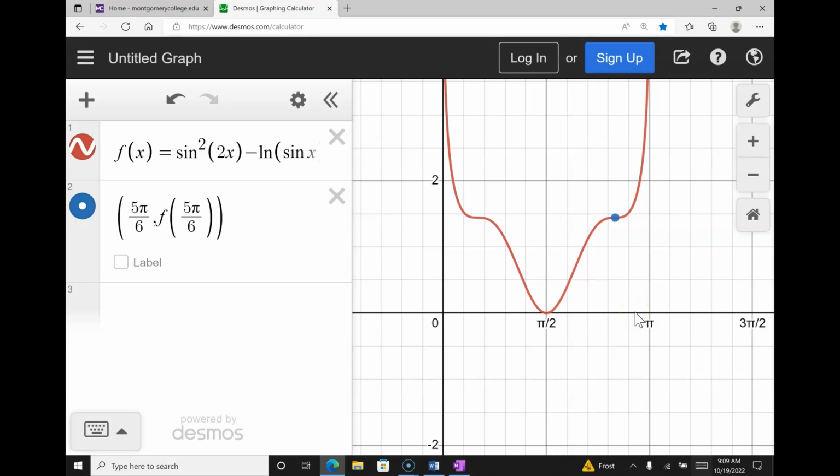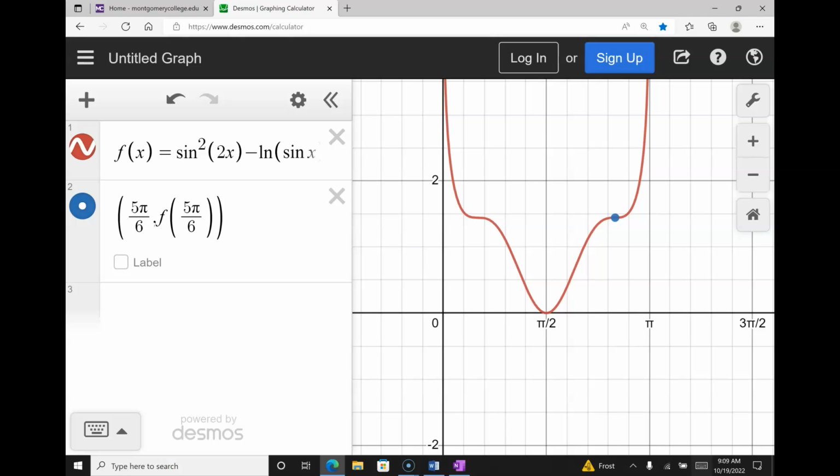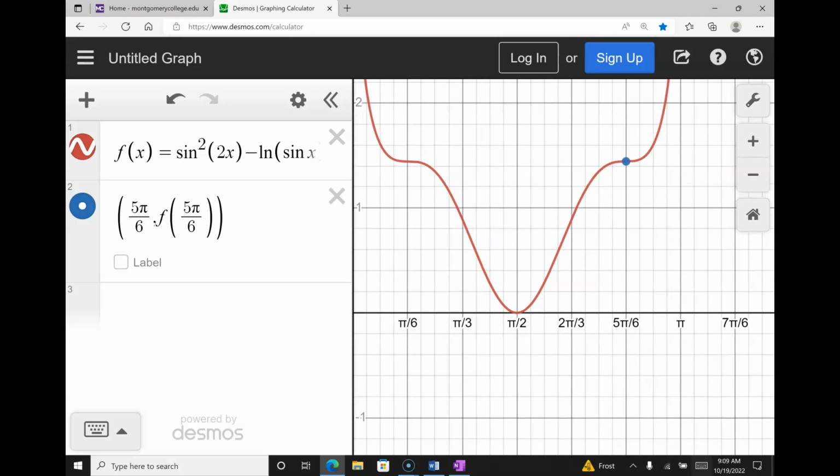Oh, 6 pi over 6 is pi. I don't like that look as much as I thought I would. That's fine. There it is. That's better. If you zoom in a little bit, you can get the crosshairs where you want them.